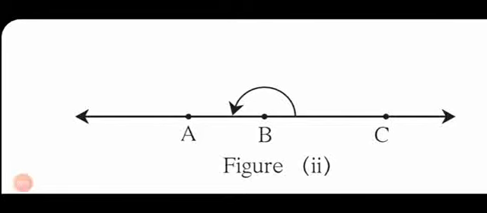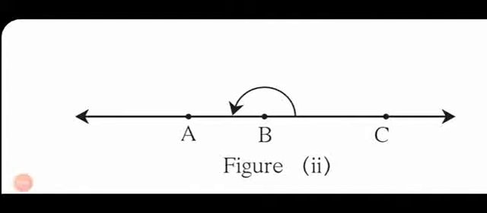The opposite rays are those rays which form a straight line when they are joined to each other at a single point. So here, if you see two rays AB and CB, they are joining at point B and forming a straight line.